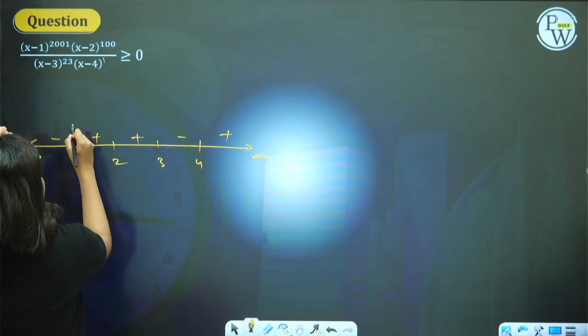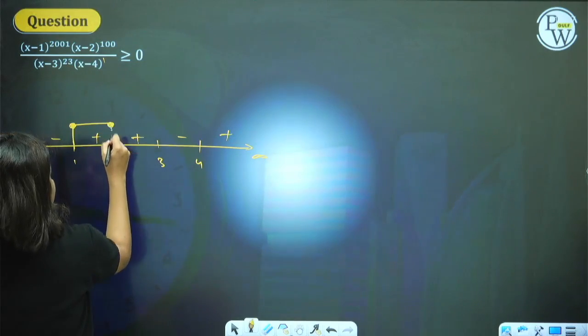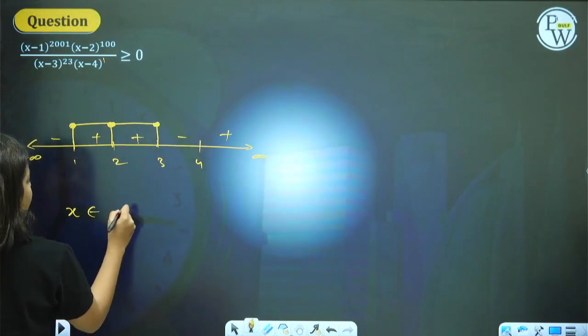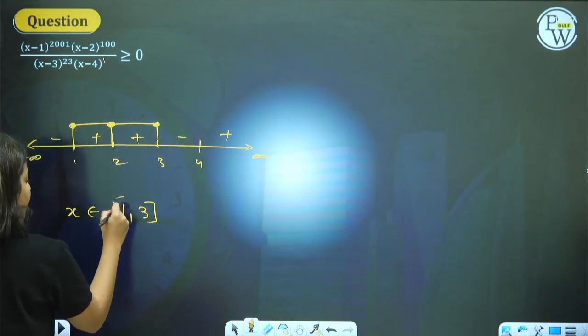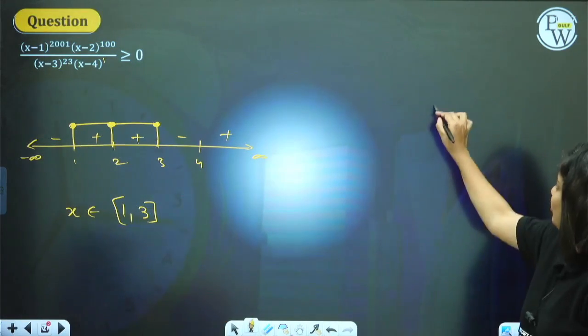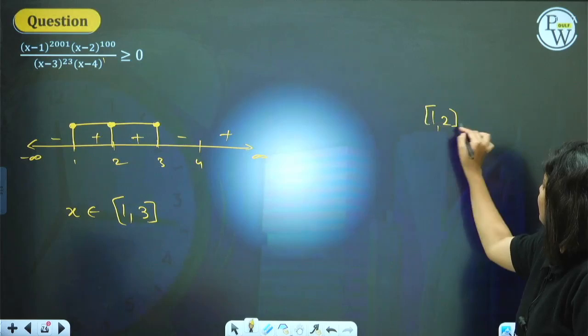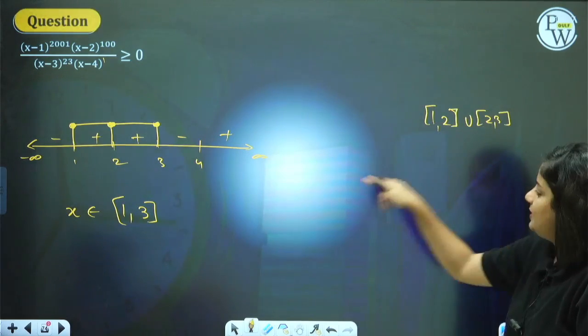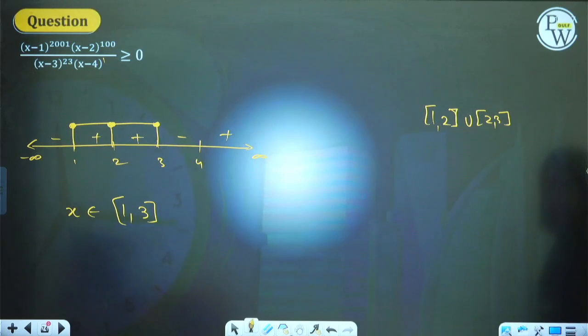Greater than equal to 0, this time included. So can I write my x 1 to 3 combined, because 2 is also a part of solution now. 2 is included, so no need of writing 1 to 2 union 2 to 3. You can also combine this and write 1 to 3, it's fine.